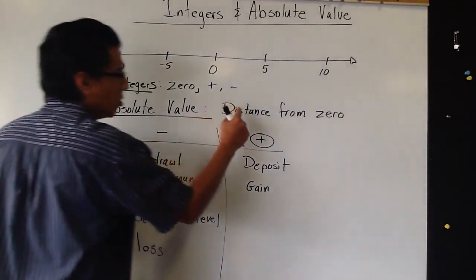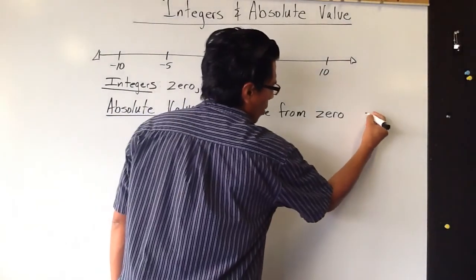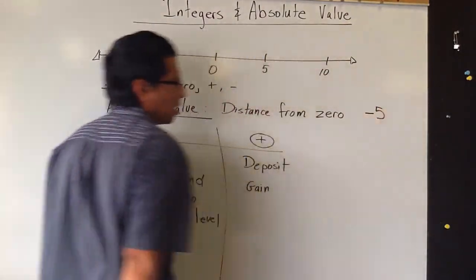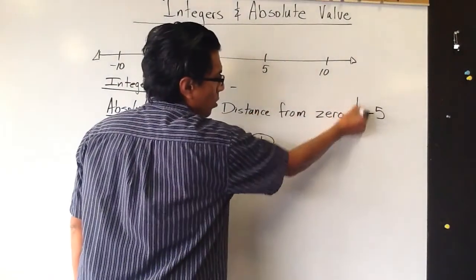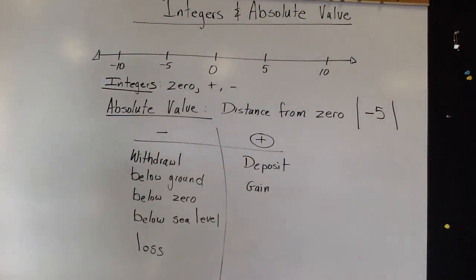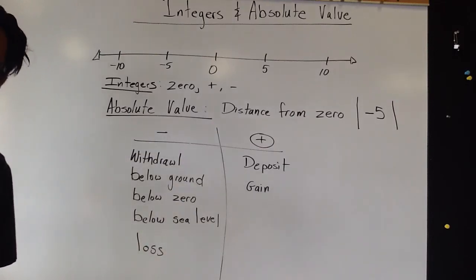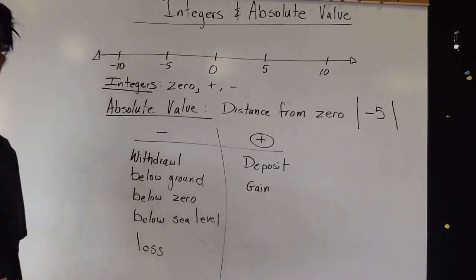So what on earth is absolute value? It is the distance from 0. Let's say I said, what is the absolute value of -5? If I wrote just -5, I wouldn't be saying I want the absolute value of -5. I would have to put these two absolute value brackets around it, and then that would indicate mathematically I want the absolute value of -5. What does that mean?